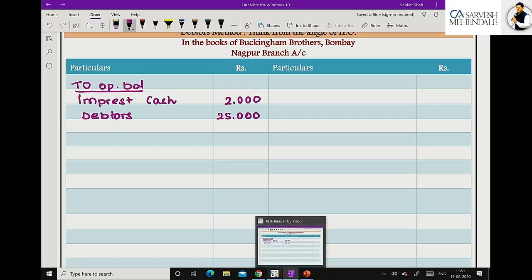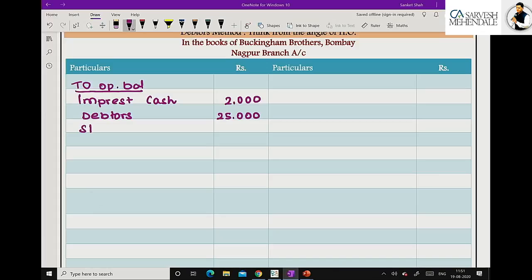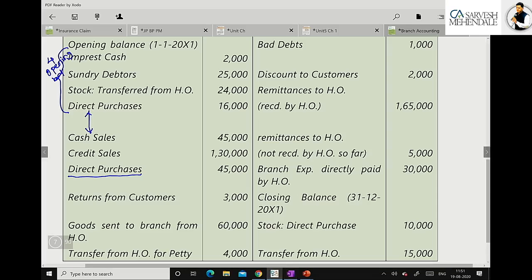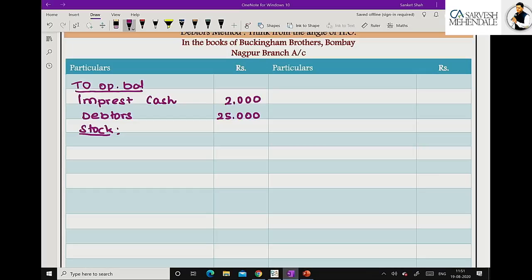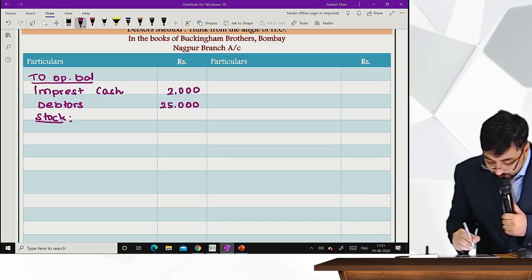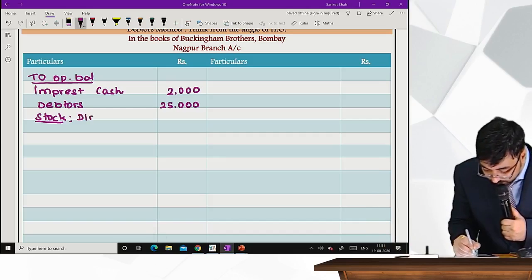Next, you have stock. One is direct purchases and transfer from HO.